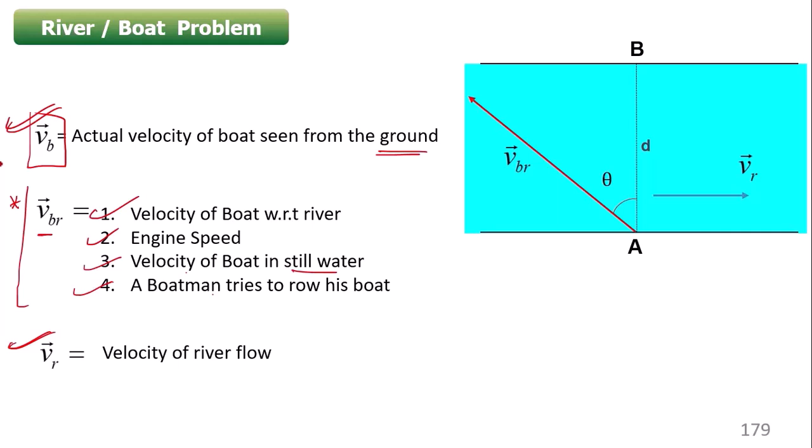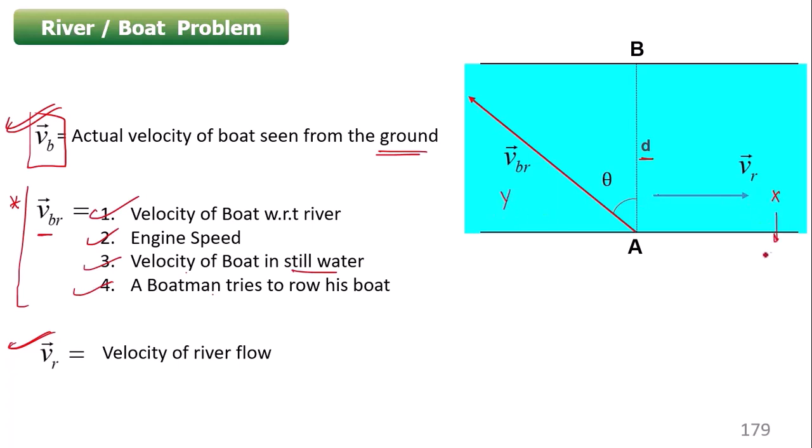Now, first of all, let us say this is the river. D is the width between point A and the opposite bank, and VR is in this direction, towards the right, the velocity of flow along that direction. Let us say this side is the X side, and this is the Y side.